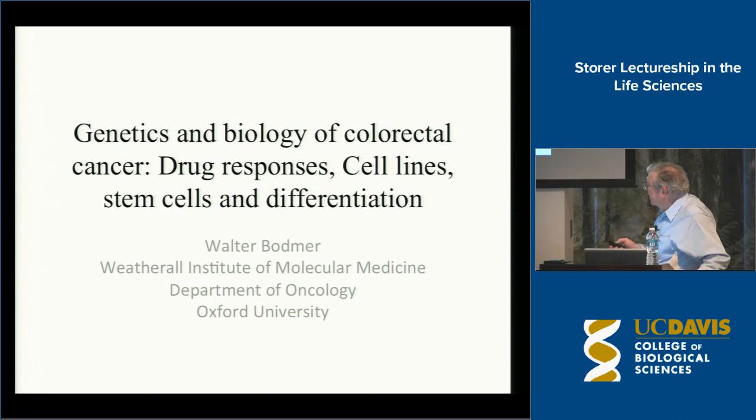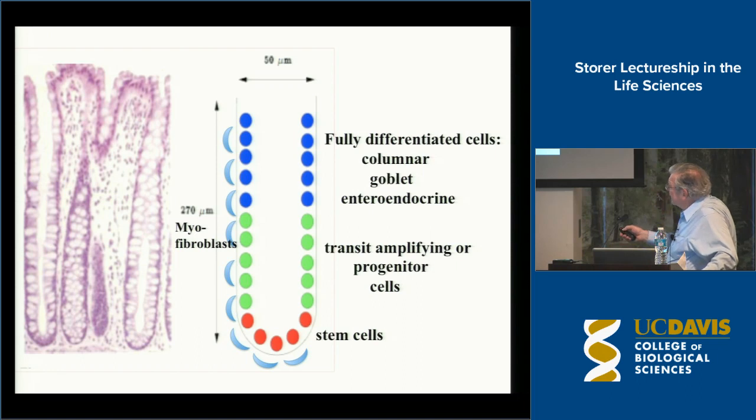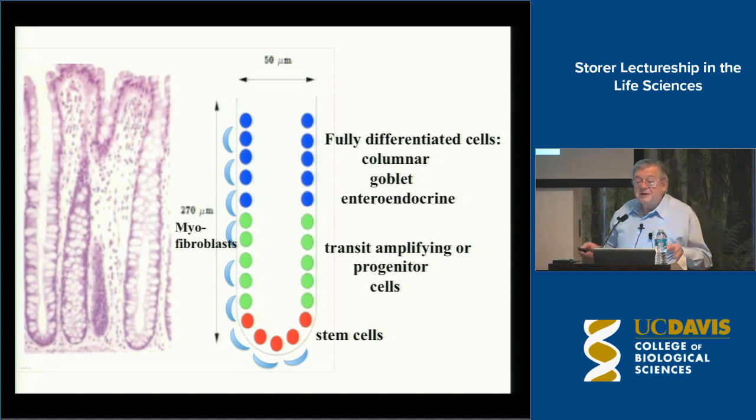Now, the colon is a tube down which waste products of the food that you eat go, and it's actually made up with large indentations at many positions, which are called crypts, and we're talking about the large intestine. And the crypts are formed by the epithelial cells, which are the cells, of course, from which all carcinomas come.